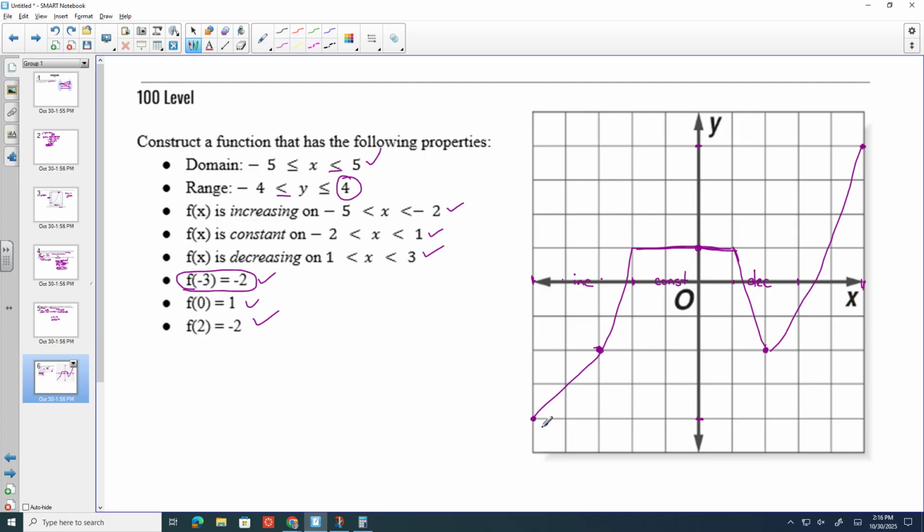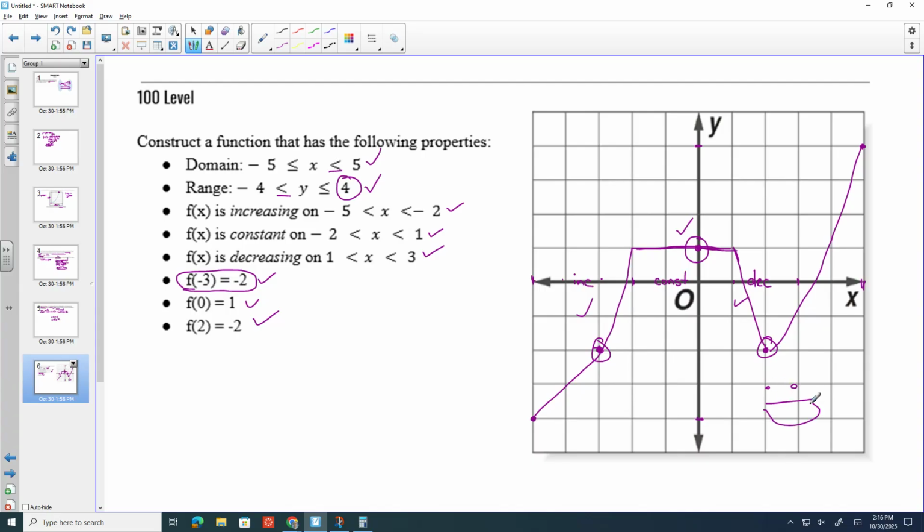A range of -4 to +4, check. Increasing from -5 up to -2, constant from -2 to 1, decreasing from 1 to 3, and then we have touched all 3 of the necessary points. So that graph should meet all of our requirements.